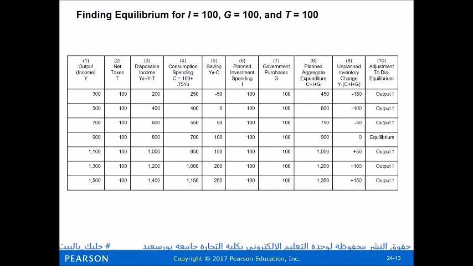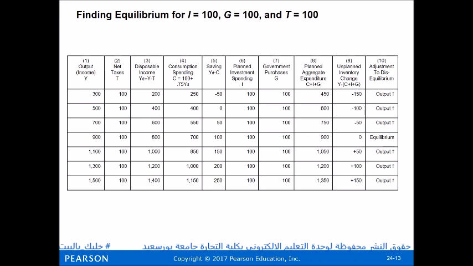We can continue calculating disposable income at the remaining levels of before tax income in a similar way. So let's go all the way down to Y equals 1,500.